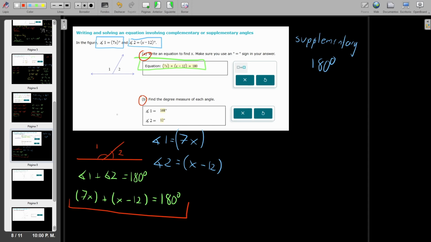Now for part B. I will put it here, A. Now for B, they're asking us to be finding the value of 1 and 2. How do we begin? We need to find the value of x, because we don't know that, and substitute in angles 1 and 2.